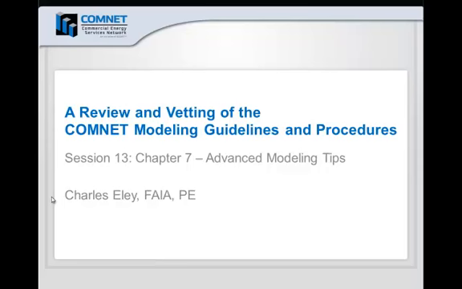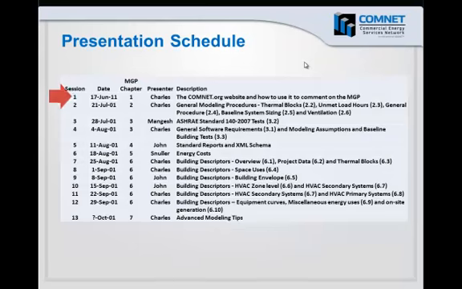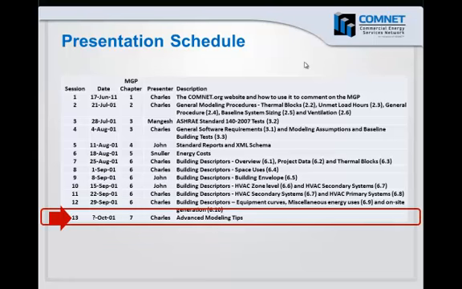Today we're going to address Chapter 7, which is a different type of chapter for COMNET. The other chapters mostly deal with software specifications, requirements for software.